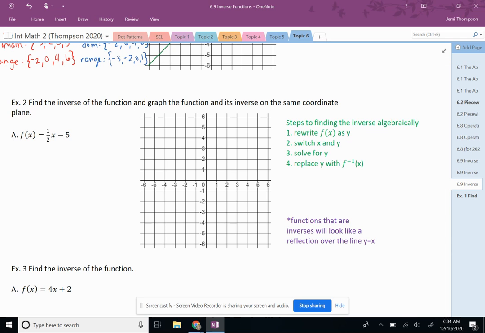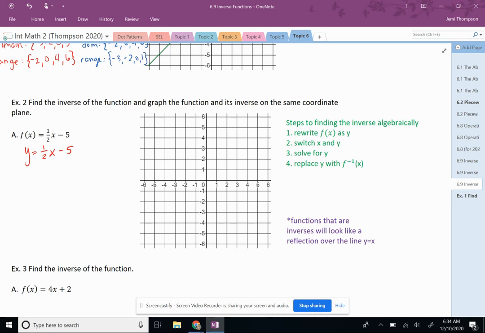Okay. We can all agree that this is a linear function. Let's find out what the inverse looks like. Step 1, rewrite f of x as y. Done. Replace f of x with y. 2, switch x and y.